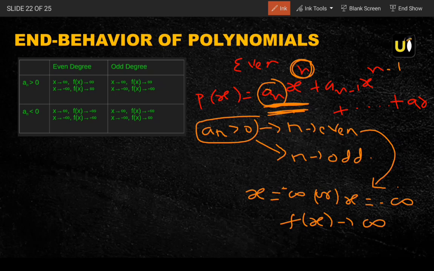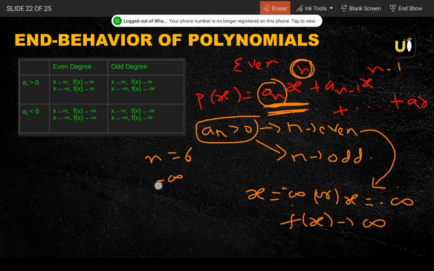Now the next case is when the coefficient is less than 0. Let me write the polynomial again: a_n x^n + a_(n-1) x^(n-1) and so on up to a_0. This is the polynomial we have, and as I said before, the leading term will decide the behavior.